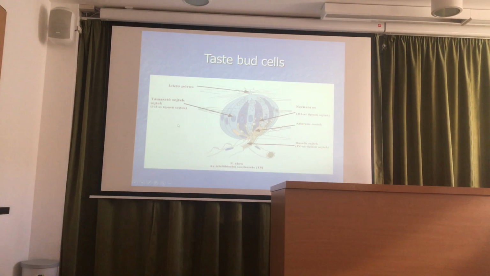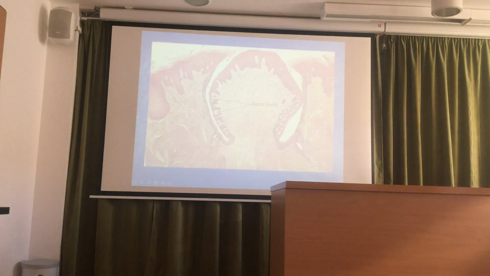You can see the dark cells and the light cells, basal cells, and also the neurotransmitter cells. And there is a taste pore where different tastes and chemicals can flow in with the help of saliva, and these cells will examine these foodstuffs. I go back a little bit.